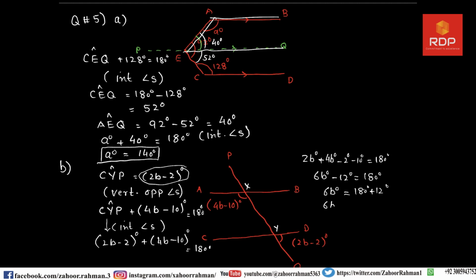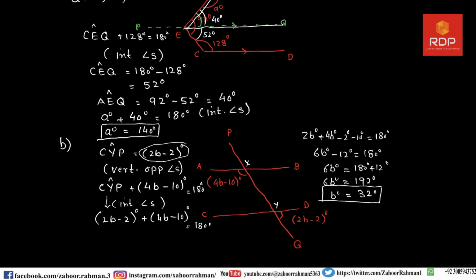So 6b degrees is equal to 192 degrees, and dividing both sides by 6 we will get 32 as the ultimate answer. So we found by using different techniques that B is equal to 32 degrees. That was the second part.